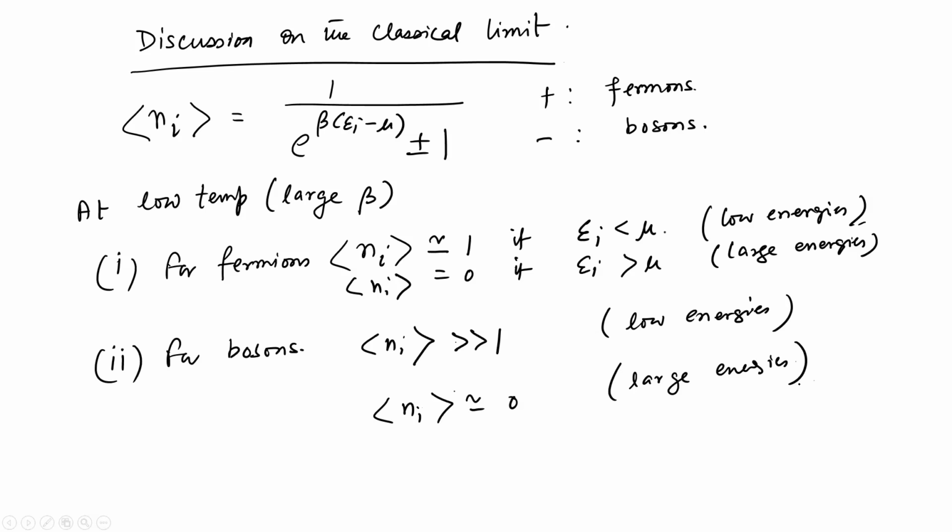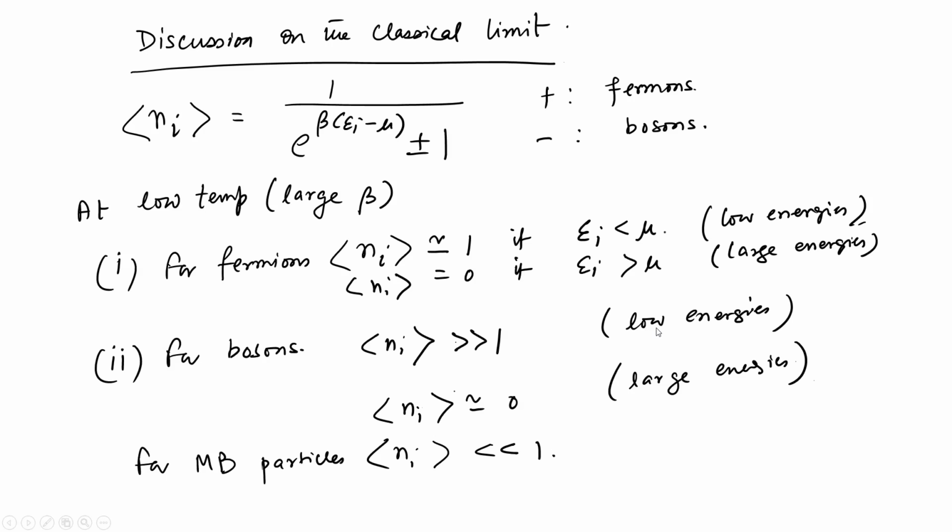Okay. So, it is the same thing for large energies, both distributions give you 0, but at low energies one gives you 1, which is natural, and the other gives you much greater than 1. Okay. So, for the Maxwell-Boltzmann statistics, N_i is always much smaller than 1. So, for MB particles, N_i is always much smaller than 1.